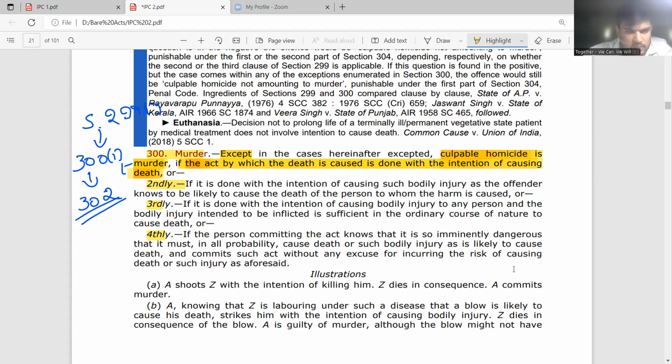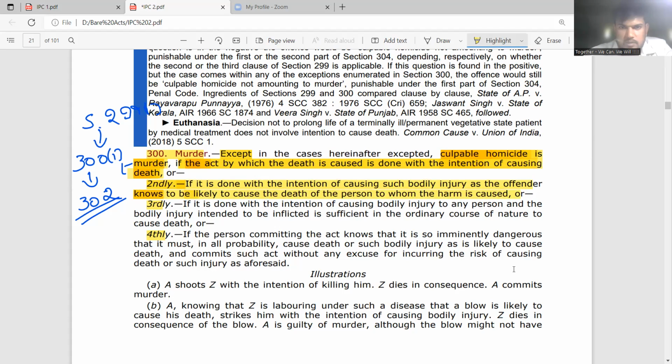Okay, secondly, culpable homicide is murder if it is done with the intention of causing such bodily injury as the offender knows to be likely to cause the death of the person to whom the harm is caused.